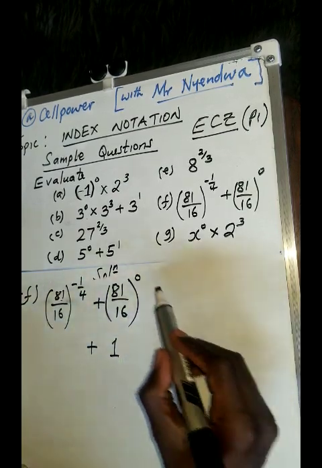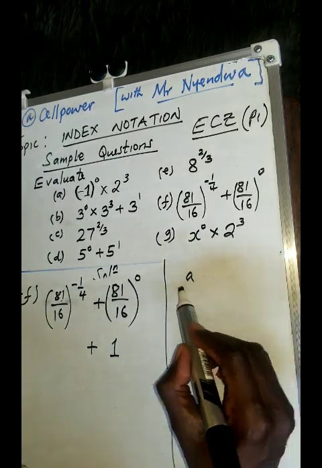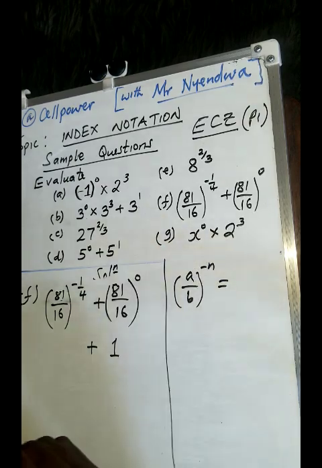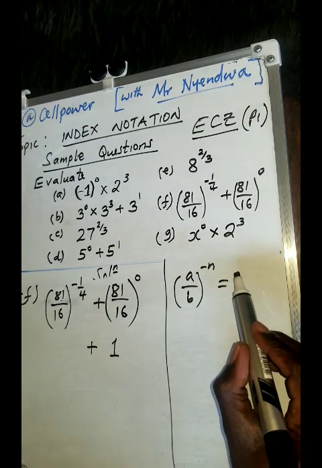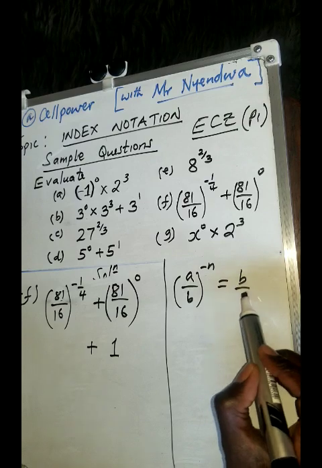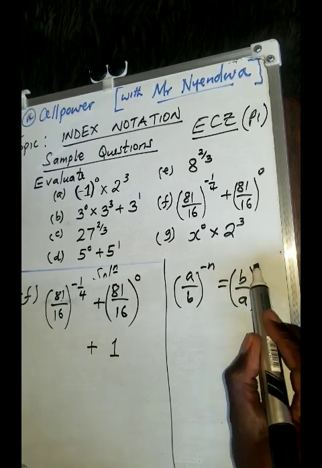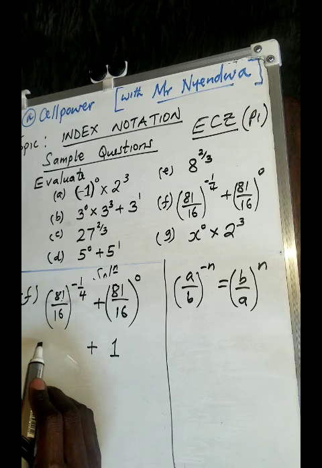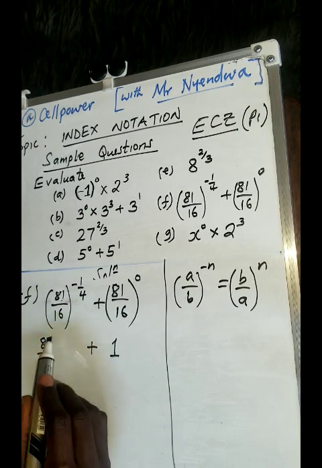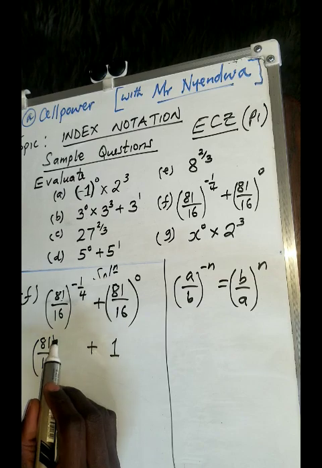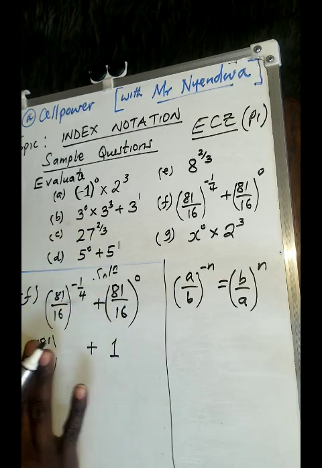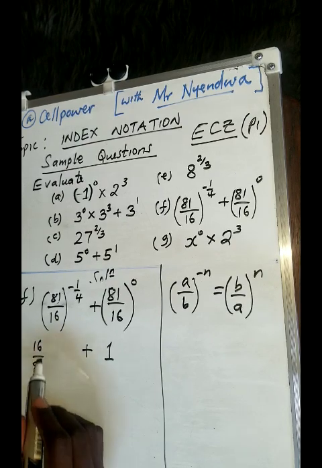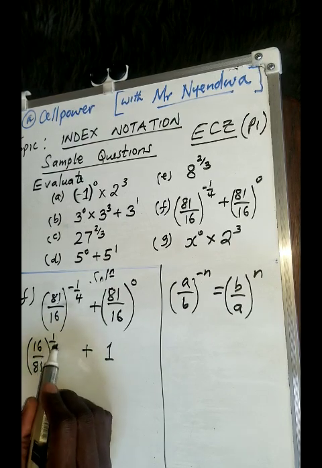If I look at this one, if you remember the rule that I told you, if you have a over b raised to the power negative n, to get rid of that negative, what do you do? You simply flip what is inside. It is b over a, then that raised to a positive index. So we can get rid of that negative by flipping what is inside, so it will be 16 over 81, then this raised to 1 over 4.